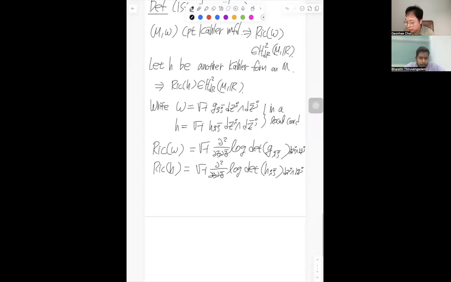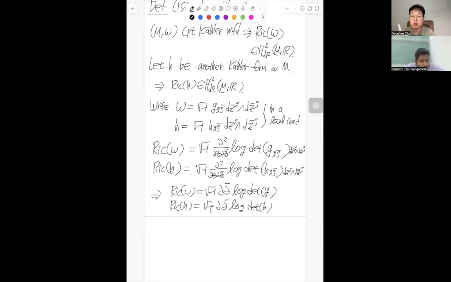So that without the local coordinate, we can write each of them as i dd-bar log of the determinant of g. And with h, we can play the same game. But you can just assume if you take the local coordinate, we just realize the expression. And if you change the coordinate, there's just an effect of changing the coordinate, that's it.